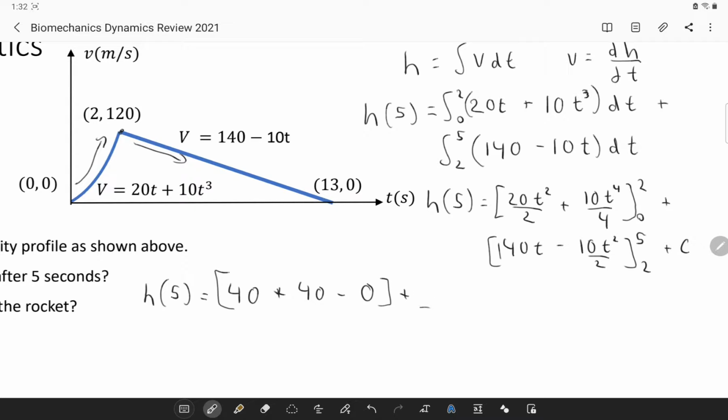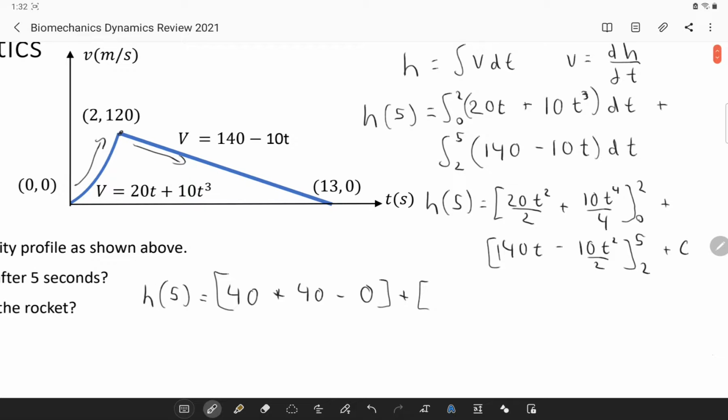Plus, at 5, we have 140 times 5, which gives us 700, minus 10 times 5 squared. 5 squared gives us 25, times 10 is 250, divided by 2 is 125. So 700 minus 125.